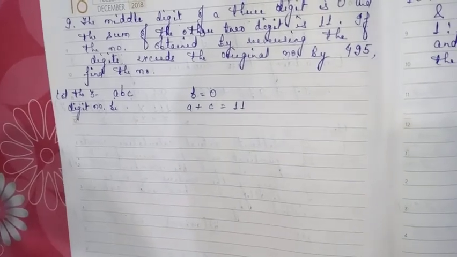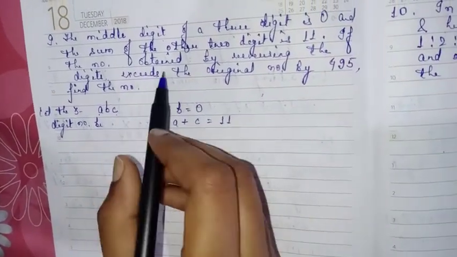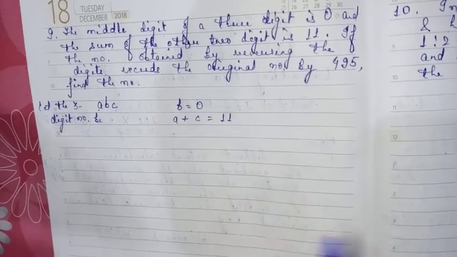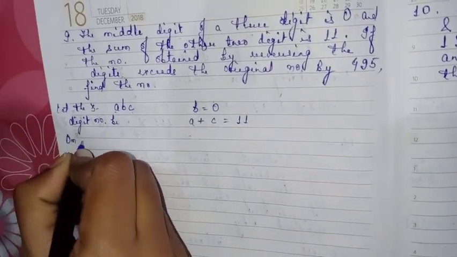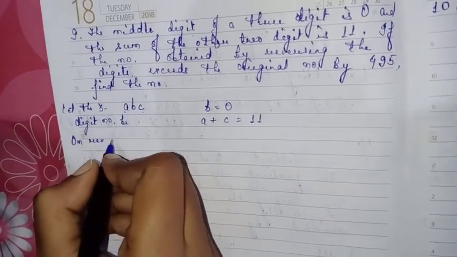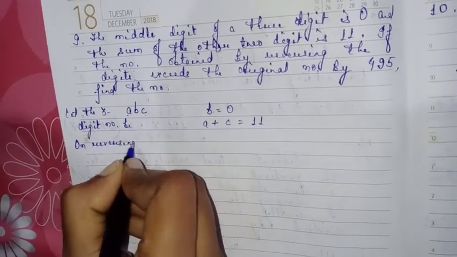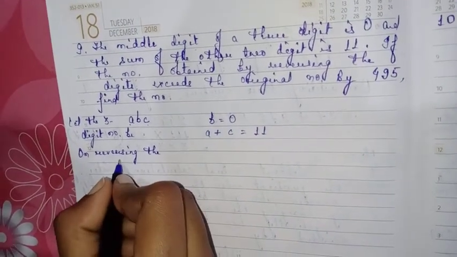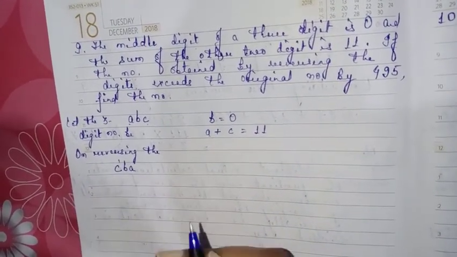Then according to the question, the number obtained by reversing the digits exceeds the original number by 495. So on reversing the 3-digit number, you will get CBA. Okay.